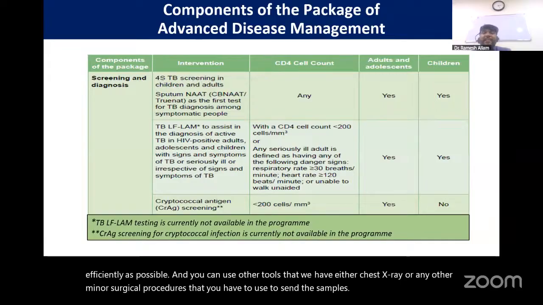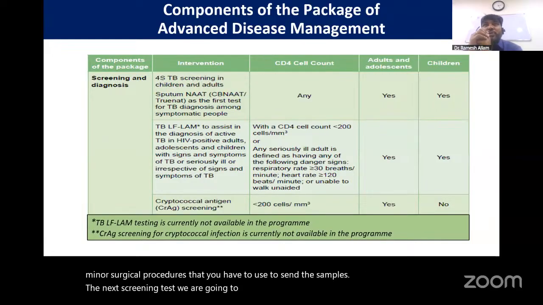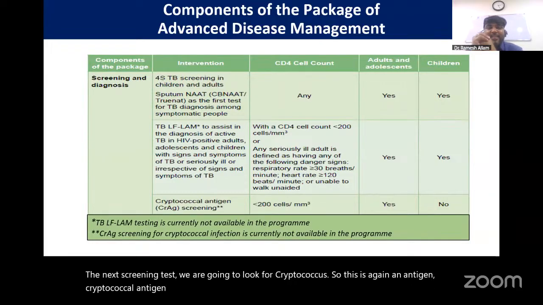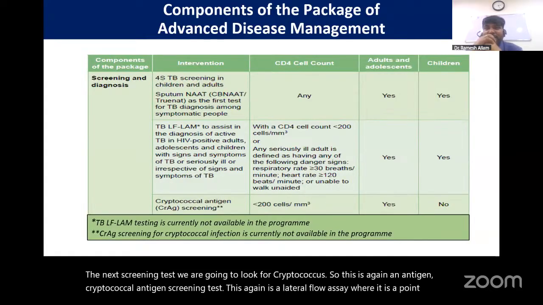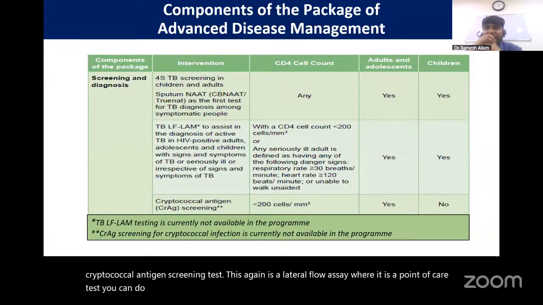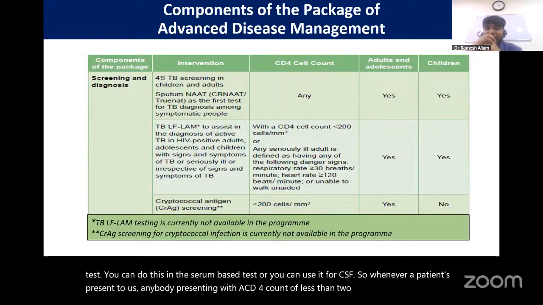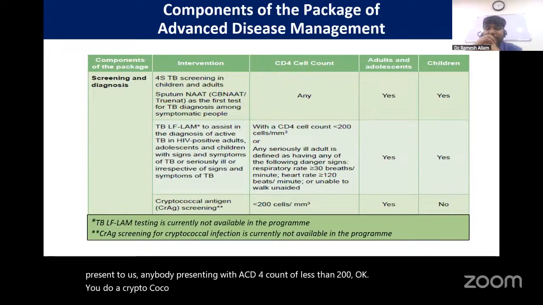Then the next screening test, we are going to look for cryptococcus. This is again an antigen, the cryptococcal antigen screening test. This again is a lateral flow assay, a point of care test. You can do this as a serum based test, or you can use it for CSF. Whenever a patient presents with a CD4 count of less than 200, you do a cryptococcal antigen screening if it is part of the program.